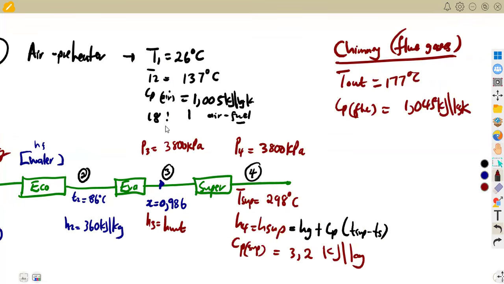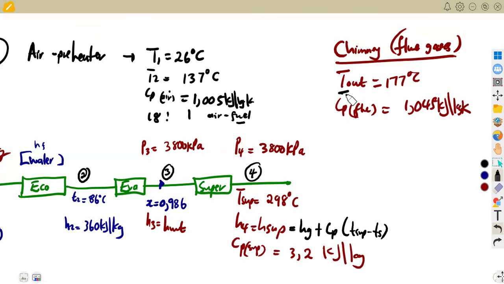Whenever we are to refer to the part where the flue gases are needed, that is the most important part. That is where we are going to need this temperature of 177 degrees Celsius. And like I said, this is the output, I mean.